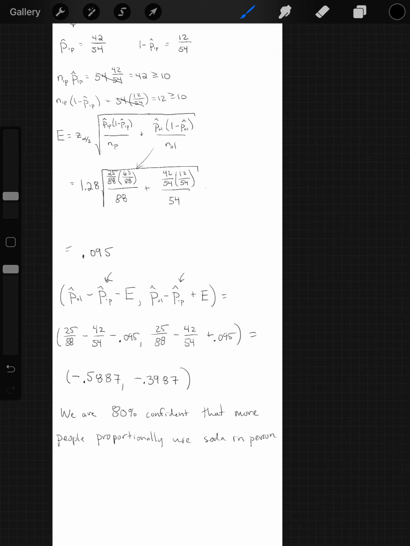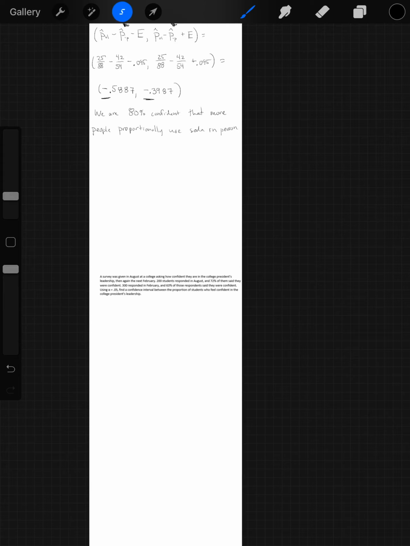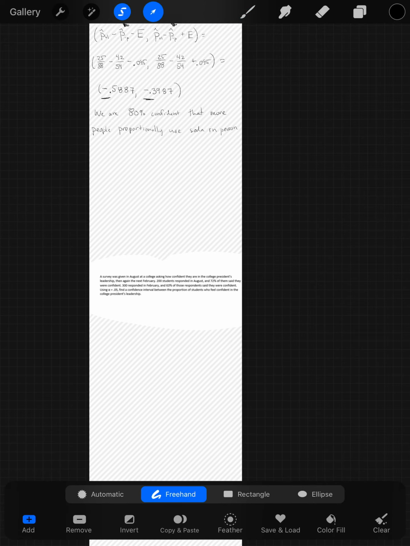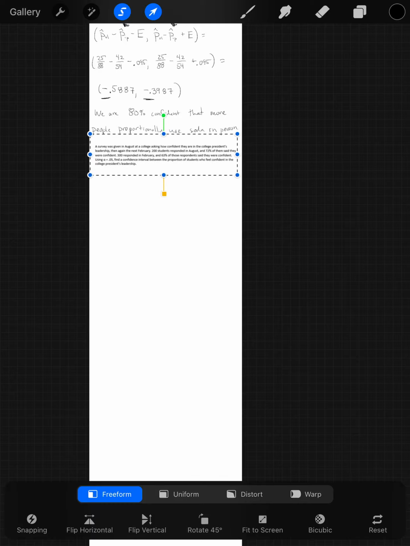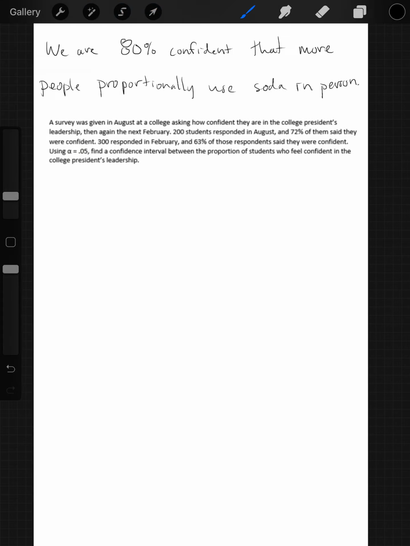Or that the proportion of people who use soda is bigger in an in-person environment than an online environment. But the main thing is that the proportion of people who use soda and are in person is going to be the larger one because both of these numbers are negative. Excuse me. All right. So next one, we don't have a table, so we'll have to figure out our information from what we have here.